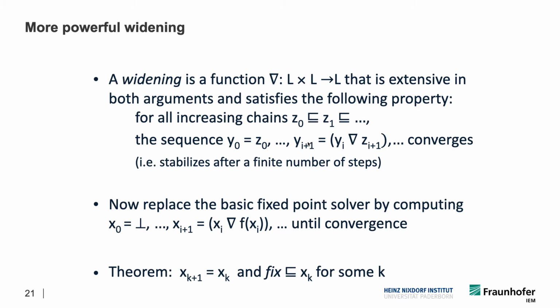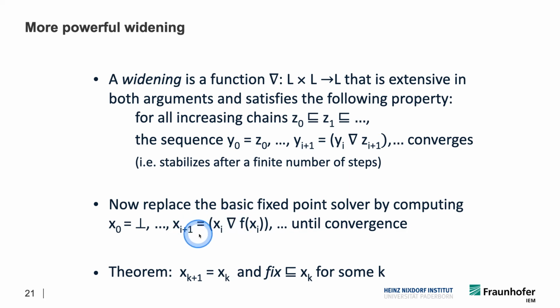Okay. And now, next, we are replacing the basic fixed point solver by one that computes the following. So initially, we are initializing again with the bottom element. And then we are again doing the following here. So like I explained, we are taking the previous value. We are then applying the flow function to that previous value. And we are widening based on these two inputs. And I'll explain in a minute how that works.